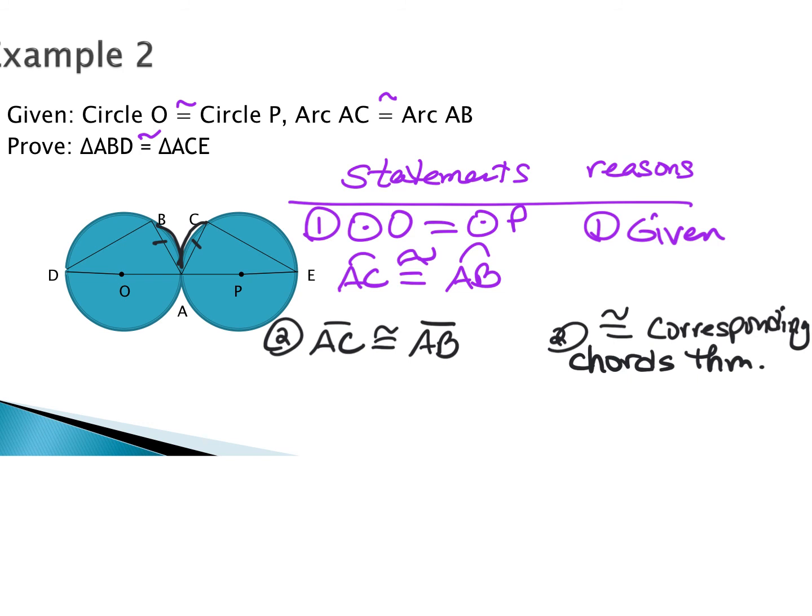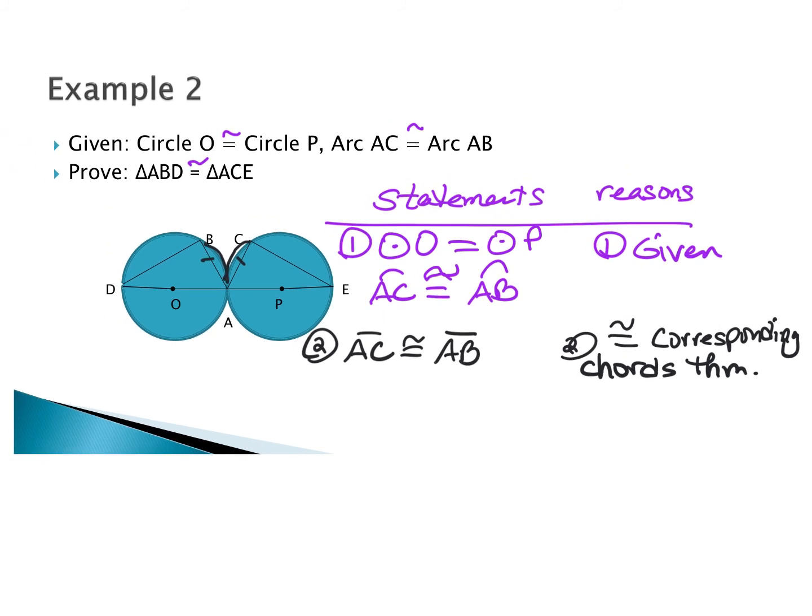Next, I'm going to go ahead and talk about the measurement of that arc. So I know that the inscribed angles, for example, the CEA here and the BDA, these are the inscribed angles that are forming that arc, which is congruent. So I'm going to now state that angle CEA is equal to half the measure of its arc.